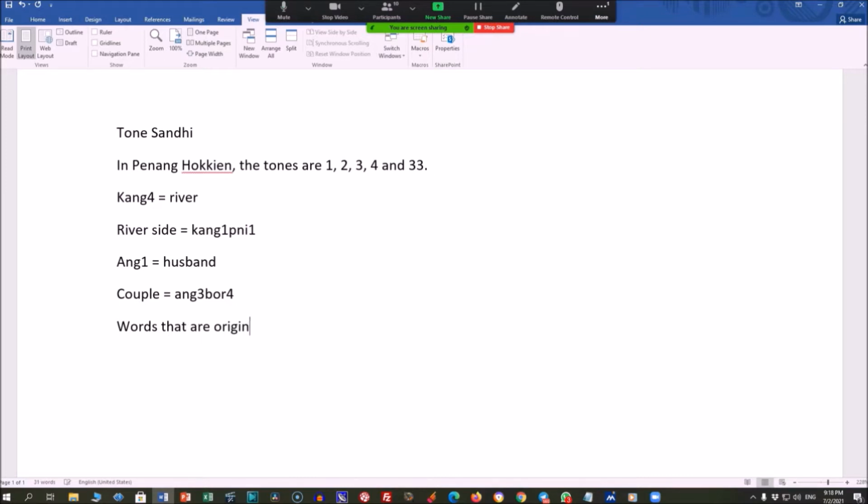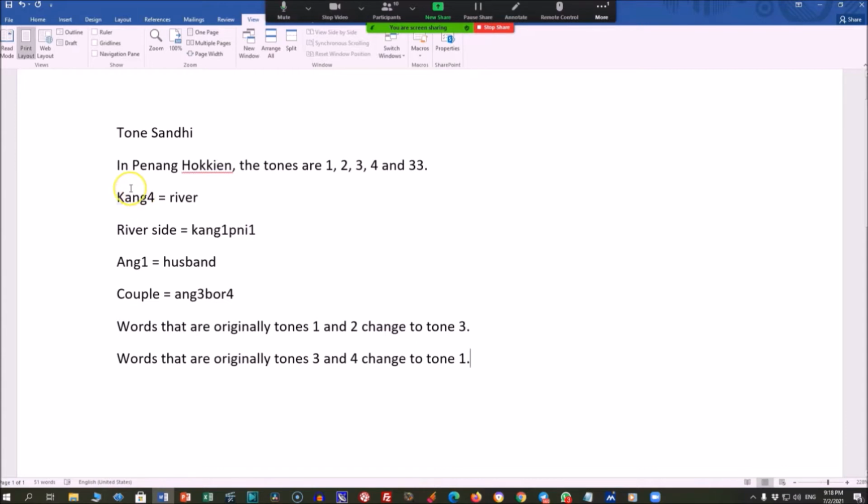So words that are originally tones 1 or 2 will change their tone to tone 3. Words that are originally tone 3 and 4 will change to tone 1. So just remember this rule.